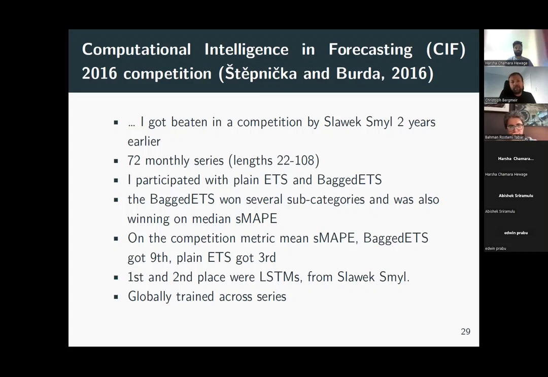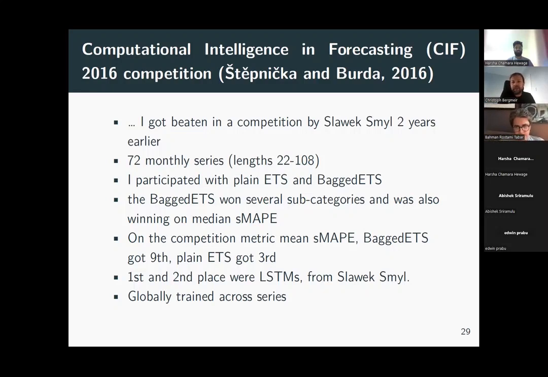So when I saw this competition, I was like, no way that machine learning works well on this data set, 72 series with these short series. So I participated just with plain ETS and with bagged ETS, which was an algorithm I had developed earlier together with some other people.